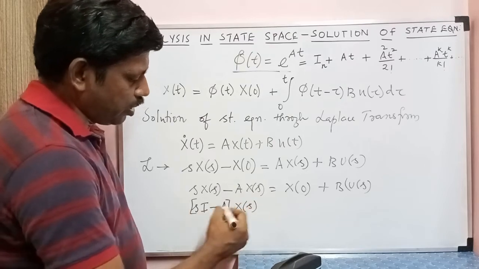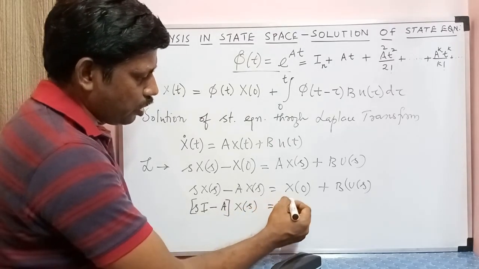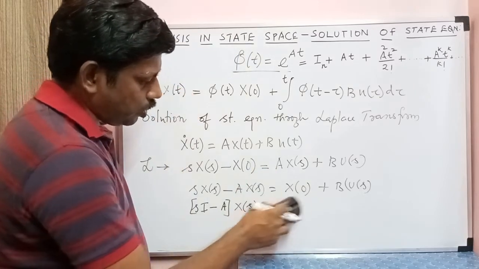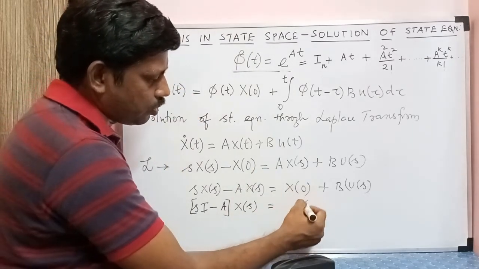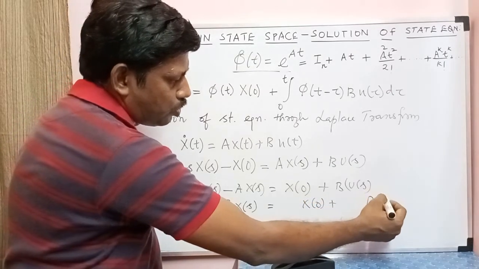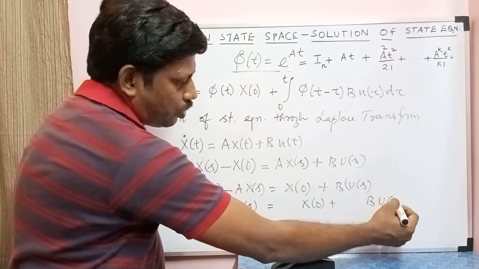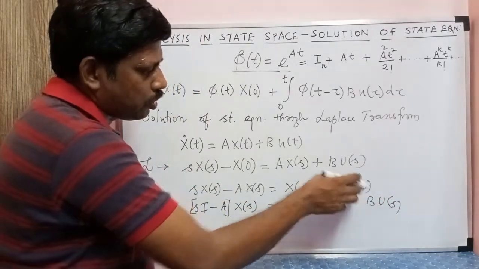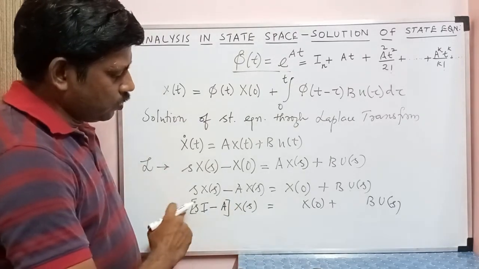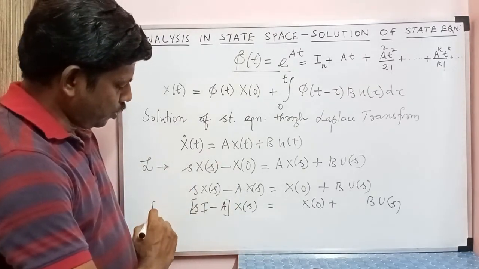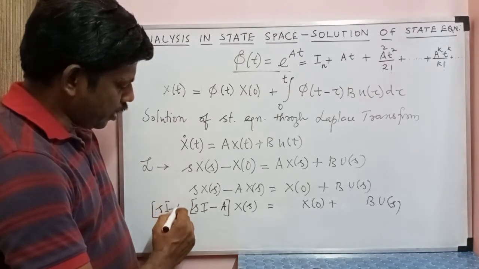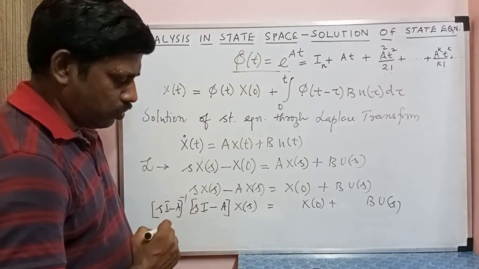So in the same way, I can write like this, equal to x of 0 plus B into u of s. Okay, so I want to have only x of s here. So the better thing is to pre-multiply this entire equation by sI minus A inverse.